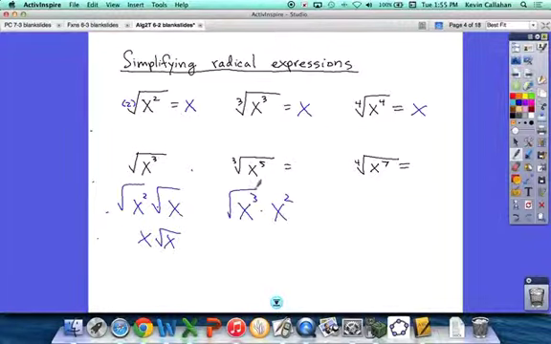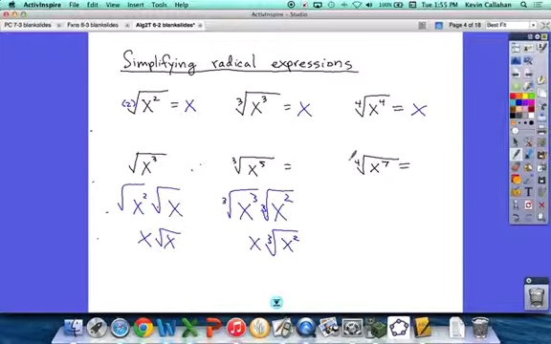Now we take the third root of this and the third root of that. The third root of x to the third, we already did. That's x. Then we still have the third root of x squared, and you can't simplify that because the power inside is already smaller than the index. There's no way for me to break it into parts.